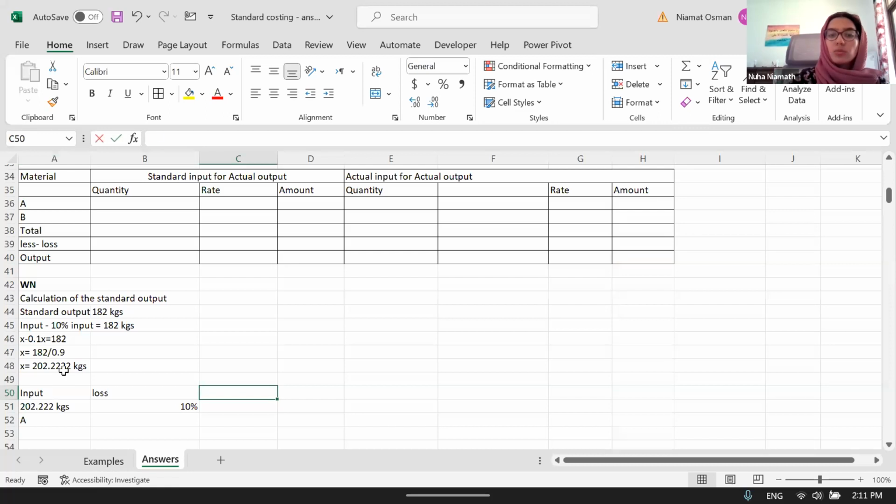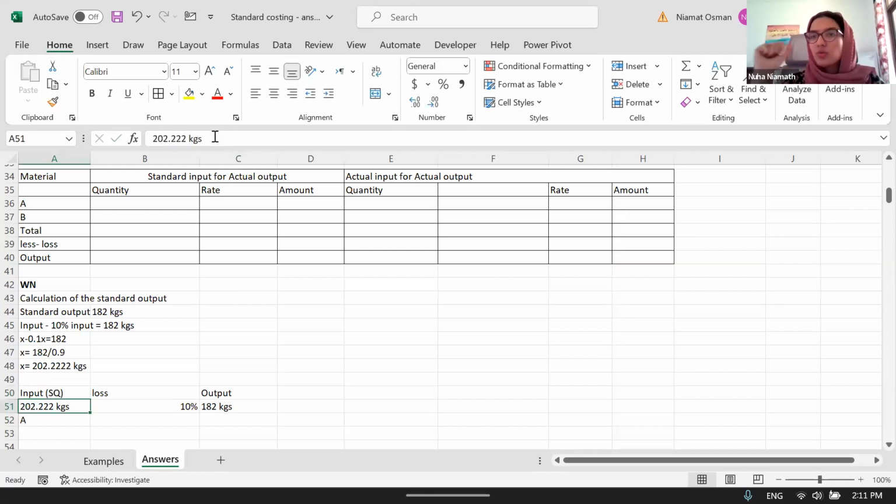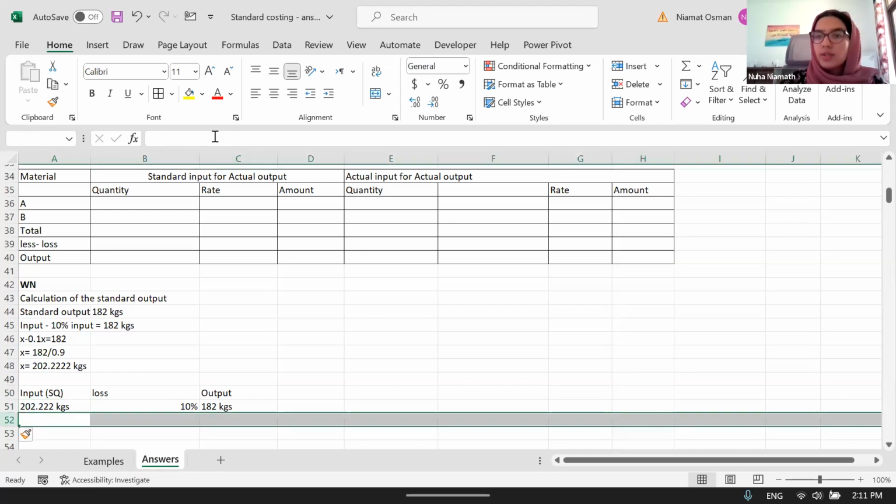That gives me an output of 182 kgs. So what I have calculated is my standard quantity required for actual output of 182. Is it clear, Khatija?